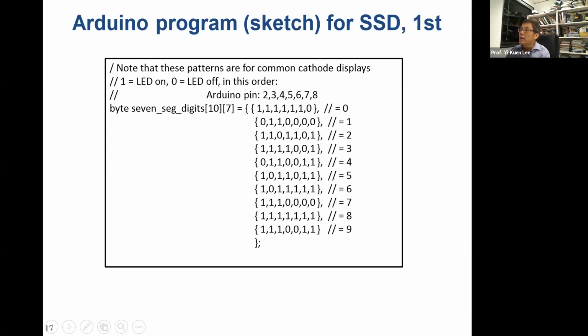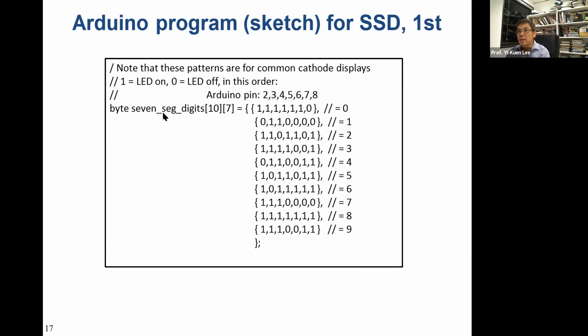So how can we control so many LEDs? It's 7 segments, 7 plus 1, total is 8, so 0, 1, 2, 3, 4, 5, 6, 7, 8. Basically we define a matrix in the Arduino program.